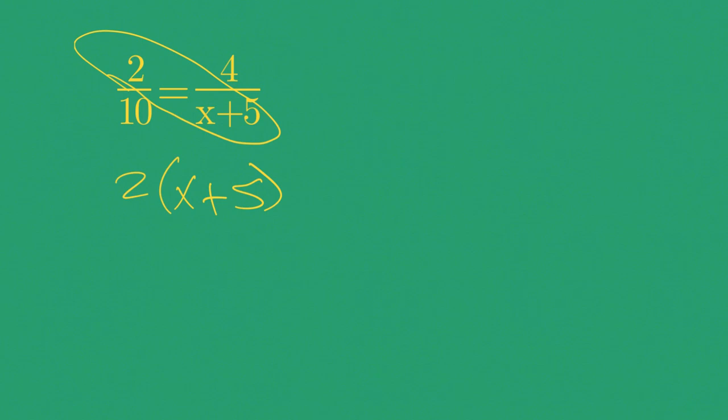Notice that there are 2 terms on the bottom of that ratio on the right. That 2 is going to have to be multiplied to both. So we're going to need to create a distributive look, and I really think those parentheses should do that for you. So 2 times x plus 5 equals, make sure you put an equal sign there, because again, the cross products are going to be equal to each other.